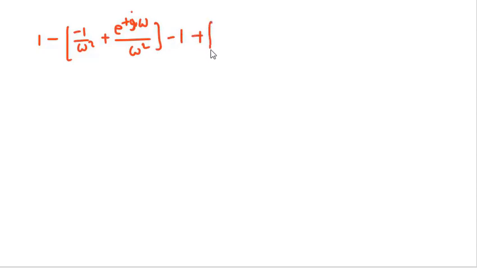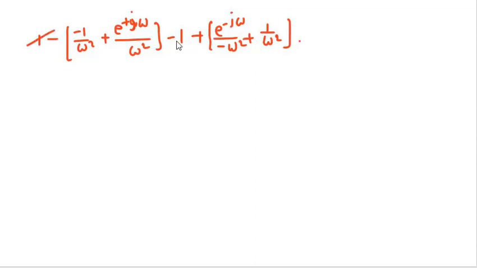When you put these limits in this integral, you will get 1 minus 1 by omega square plus e to the power plus j omega divided by omega square, minus 1 plus e to the power minus j omega divided by minus omega square plus 1 by omega square.